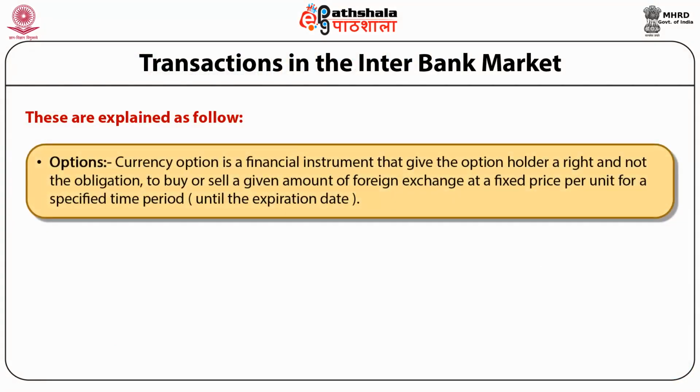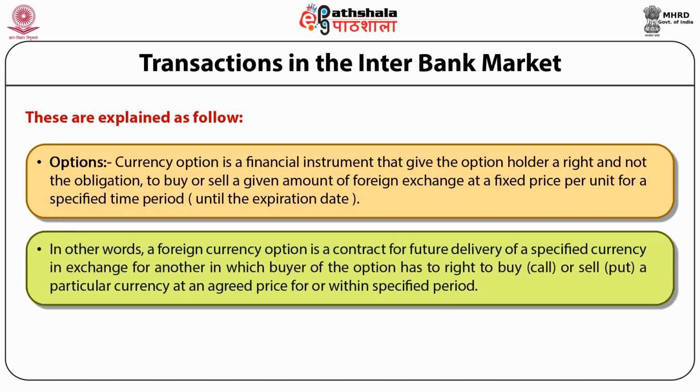Options. Currency option is a financial instrument that gives the option holder a right and not the obligation to buy or sell a given amount of foreign exchange at a fixed price per unit for a specified time period, that is, until the expiration date.